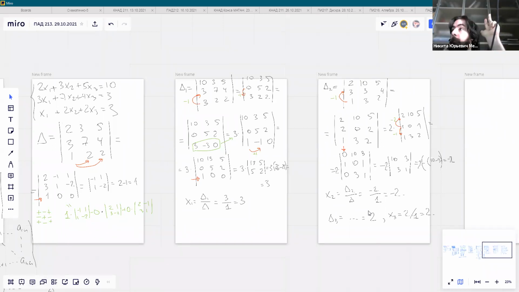And the third, most interesting reason is when you have a system with parameters. If you have a system with a parameter or several, then Gaussian elimination becomes very nasty because you have to consider cases when the parameter equals something, doesn't equal something. That's always not nice. This method will help. We will see it in a few moments.